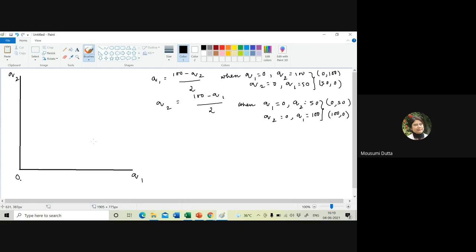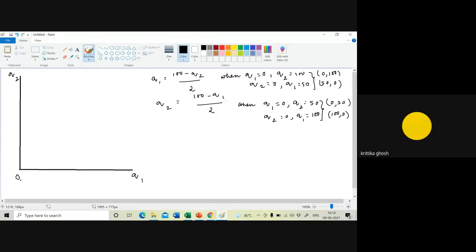When Q1 is equal to 0 in the first equation, Q2 will be 100. Alternatively, if you set Q2 equal to 0, Q1 will be 50. Am I right?